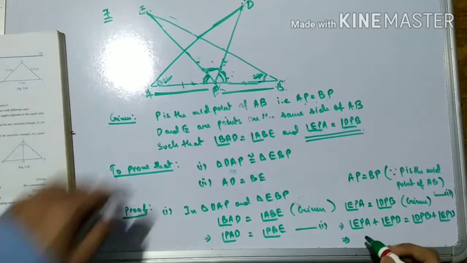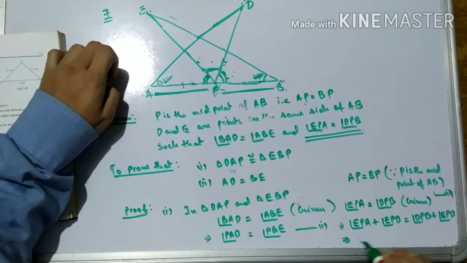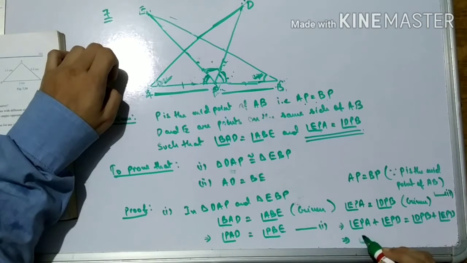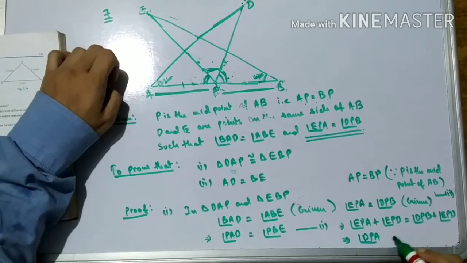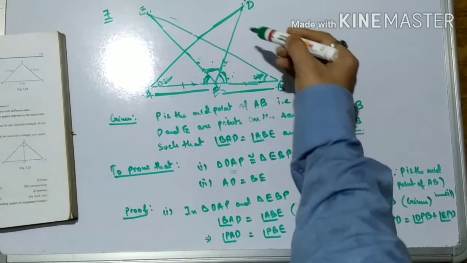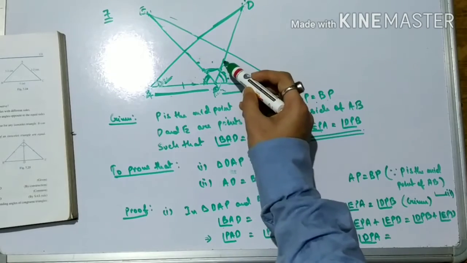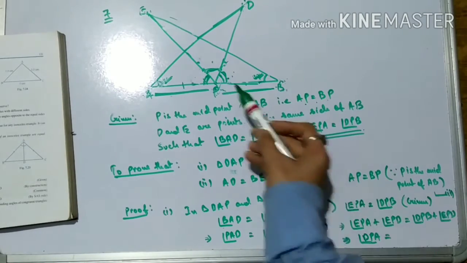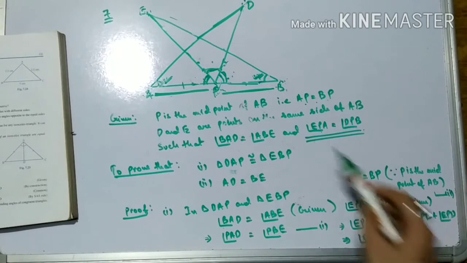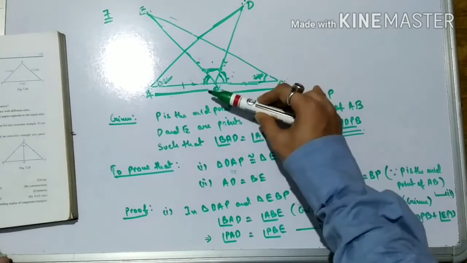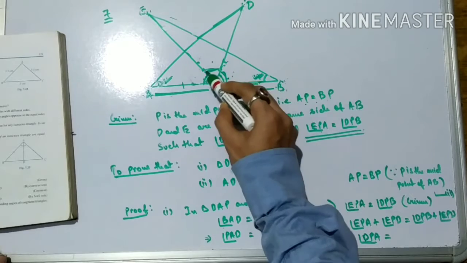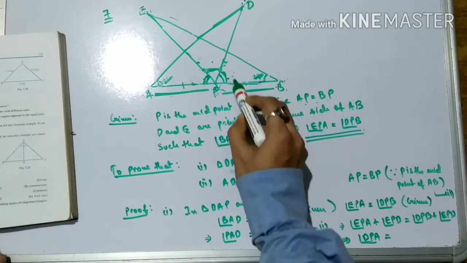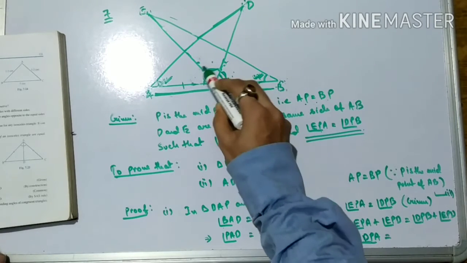So in here I will write angle DPA is equal to this whole angle. And on this side, DPB, if I add this angle to it, then this whole angle I will get.